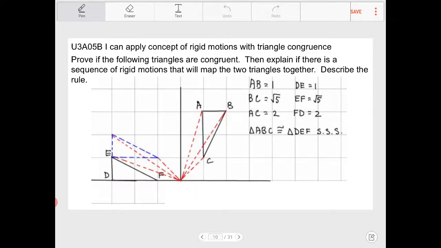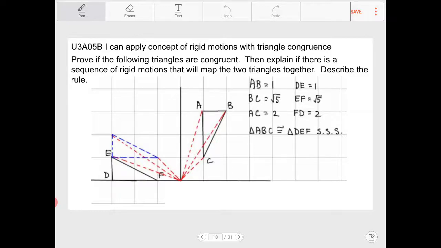After the rotation of 90 degrees, it looks like that dotted triangle is then going to be shifted down. So the sequence of rigid motions that will bring ABC onto DEF looks like a rotation of 90 degrees counterclockwise, and then we translate this 1 unit down.